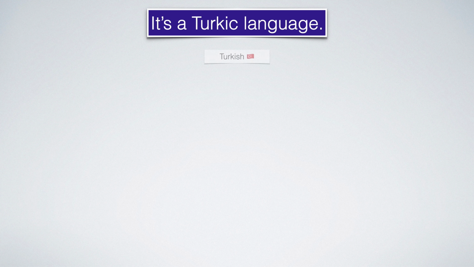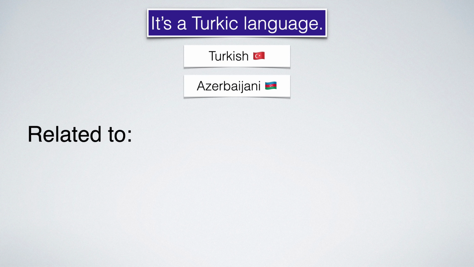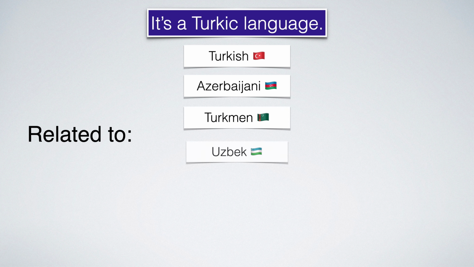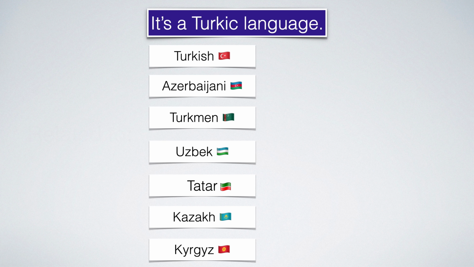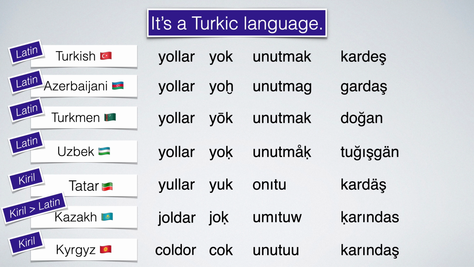So that means Turkish is related to Azerbaijani, Türkmen, Özbek, Tatar, Kazakh, Kyrgyz languages. You can see the similarities and differences among Turkic languages here. Of course, this is just a basic chart, and Turkic languages are not limited to this number. Definitely check them out on Wikipedia for further information.